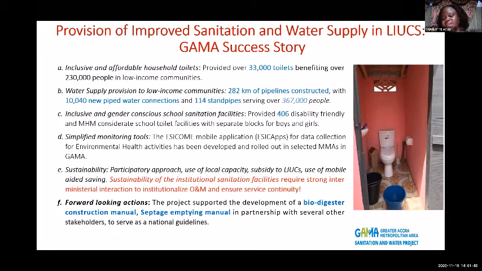So we decided to come up with a manual to help artisans and the municipal assembly officers to do proper engineering designs, to make sure that whatever we are putting on the environment is also safe for all of us.